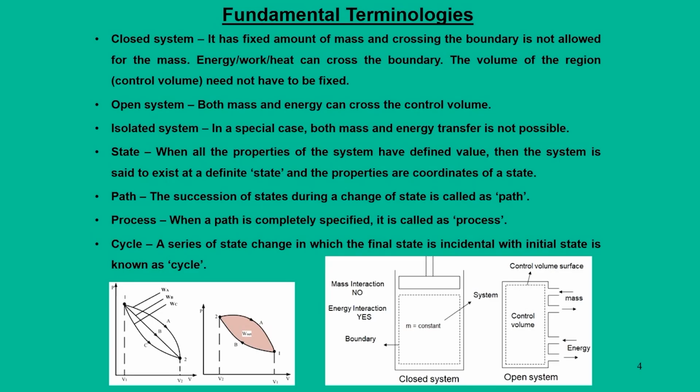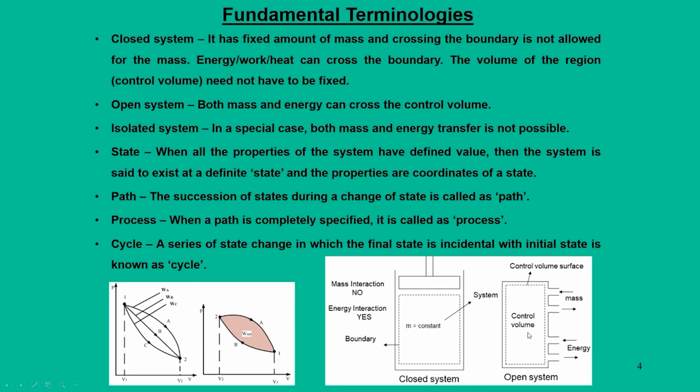That means change of state of the mass is allowed within that vicinity, but the system is not allowed to have interaction of mass from the outside. So, for a closed system there are no mass interactions, but it has a flexibility: it can interact with surroundings by virtue of energy interactions.